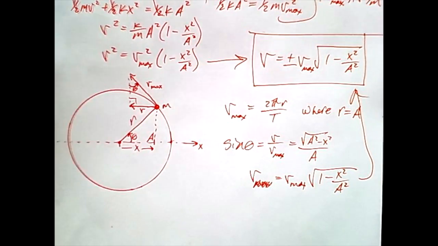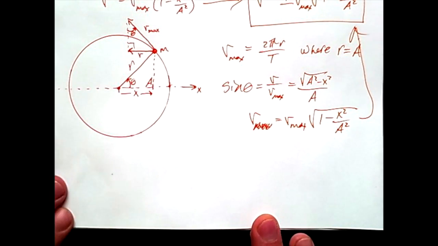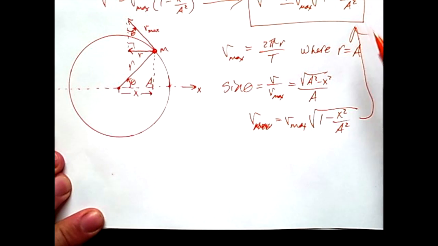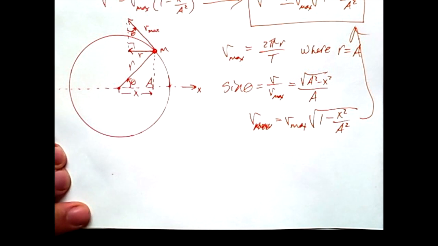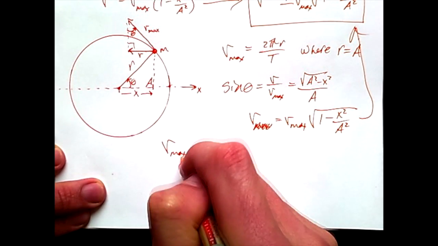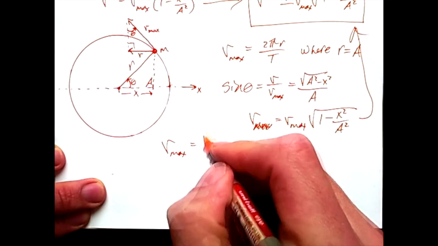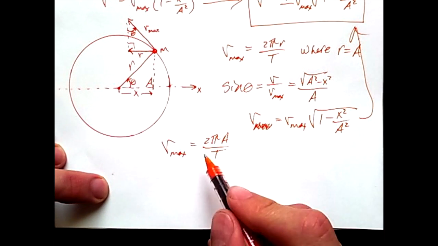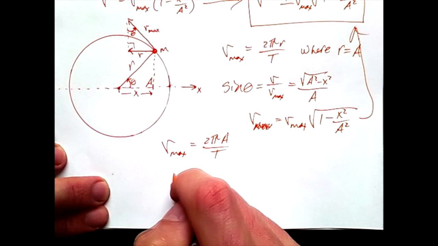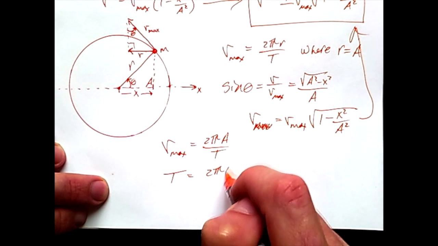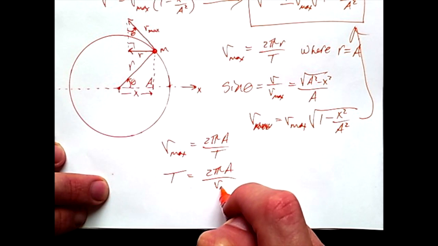This is valuable, as we've already seen, in the sense that since these things can be proven to be governed by the same rules, then if we describe the velocity maximum as we have above, 2 pi a over T, then we can solve this for T as being 2 pi a over v max.